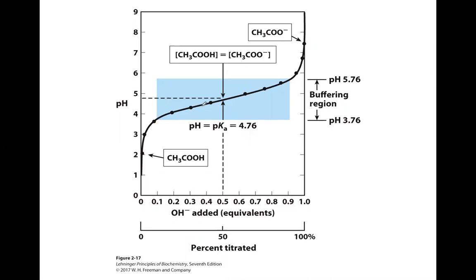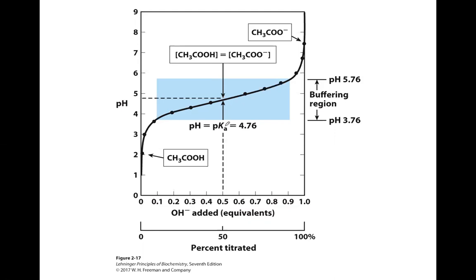The more base you add, the pH goes up until a certain point after you have added half of the equivalents of the hydroxide ions. So in other words, you have converted half of the acetic acid molecules into acetates. Then you reach the pH of 4.76.